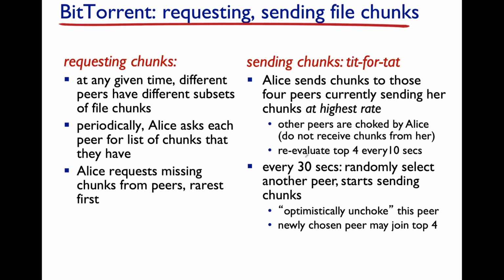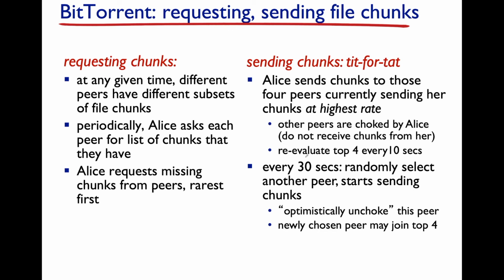And so periodically, Alice then will ask each peer for a list of chunks that they have. And Alice then uses that list to request from her neighbors all of those chunks that she does not currently possess. Now, of course, the scheme in BitTorrent is to request, or prefer to request first, those chunks that are the rarest, that they don't exist in very many places.